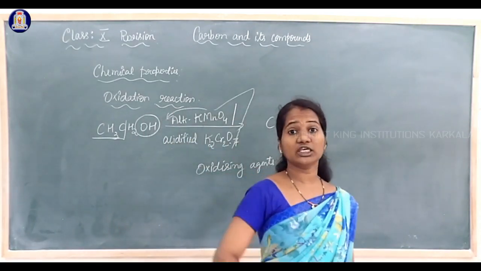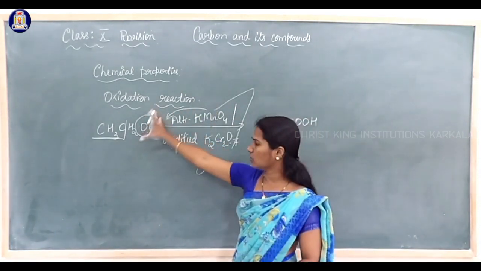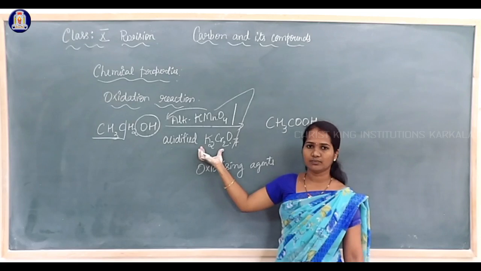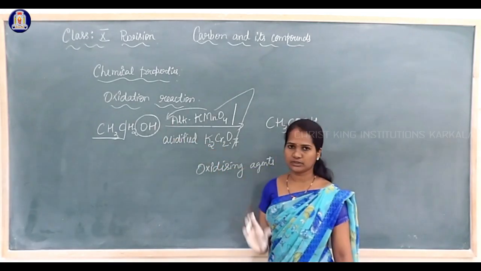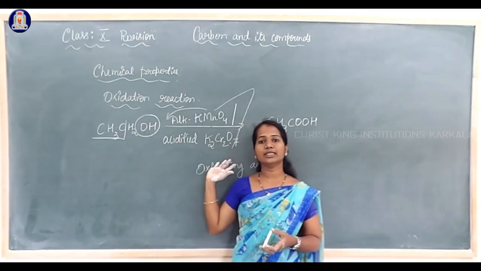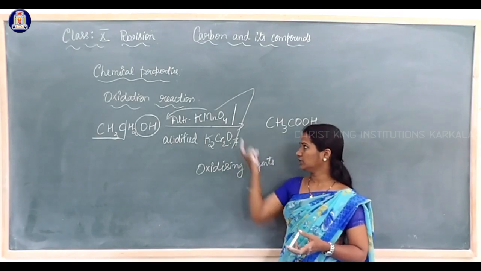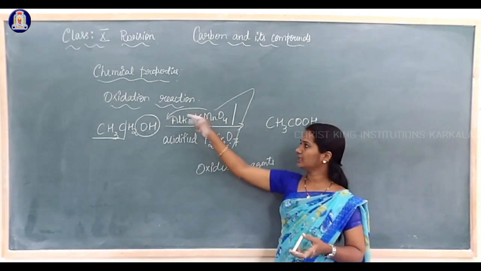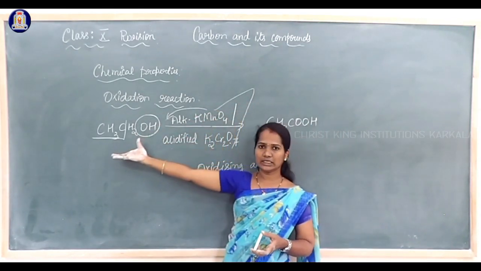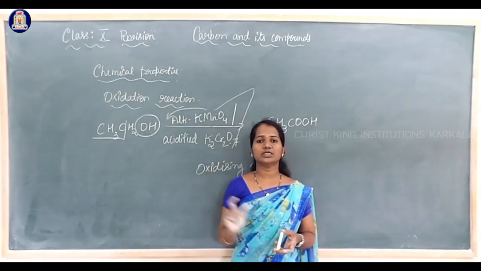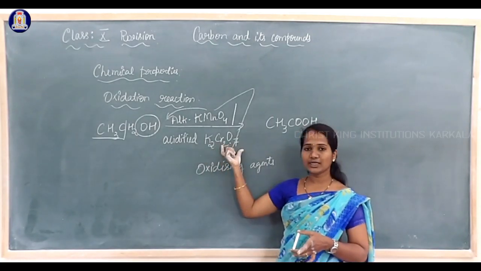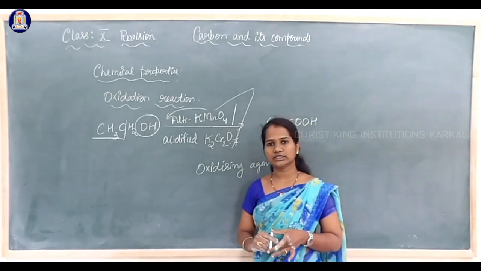Any substance which gives its oxygen to one more substance, either this or this, we call an oxidizing agent. Here, alkaline potassium permanganate gives its oxygen to ethanol, so it is considered an oxidizing agent. Alkaline potassium permanganate or acidified potassium dichromate act as oxidizing agents.